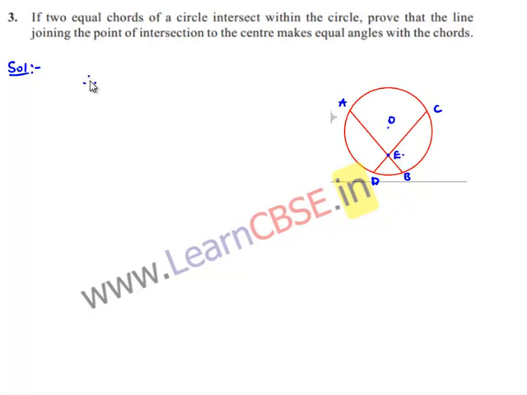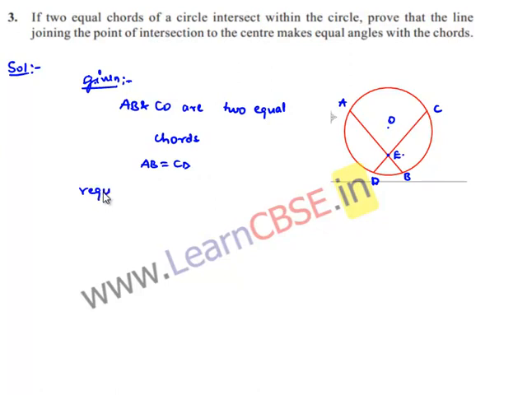Here it is given that AB and CD are two equal chords, so we can write that AB is equal to CD.